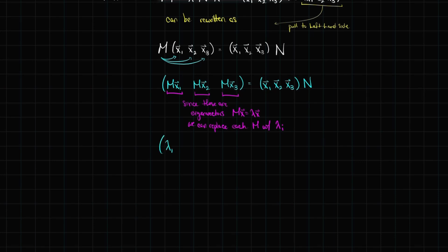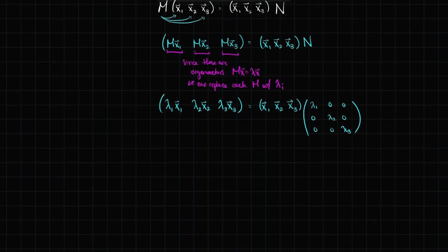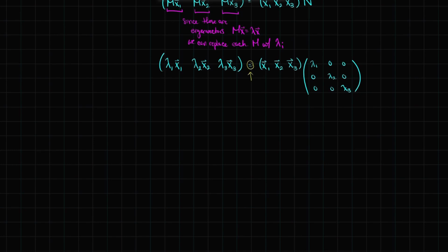That gives me lambda 1 x1, lambda 2 x2, lambda 3 x3, and in fact, if I decide to replace N on the right with a diagonal matrix, lambda 1, 0, 0, 0, lambda 2, 0, and 0, 0, lambda 3, I recover a true equality here. Truly equal. And that means that N is diagonal with eigenvalues along the diagonal.